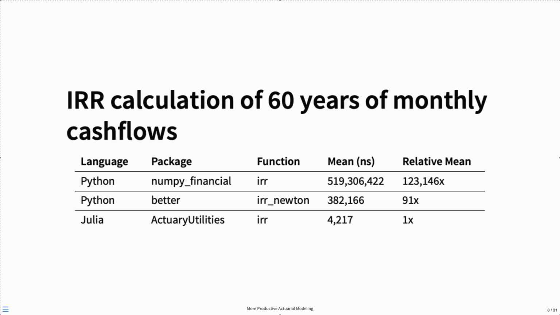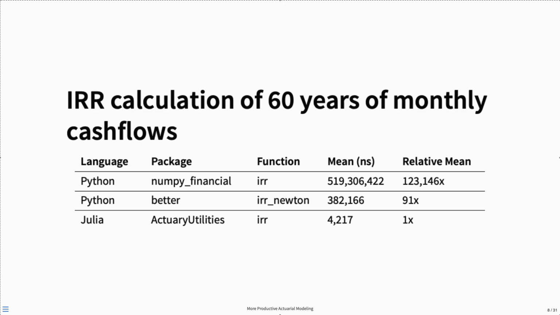Another benchmark is looking at libraries that calculate the internal rate of return on 60 years of monthly cash flows. NumPy has a financial sublibrary, which is probably the default library for many people working in Python.